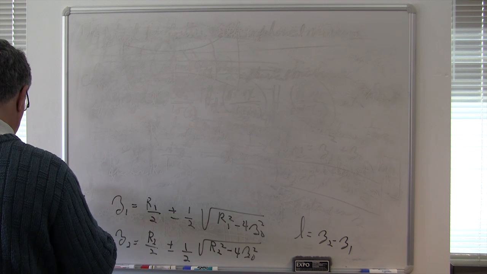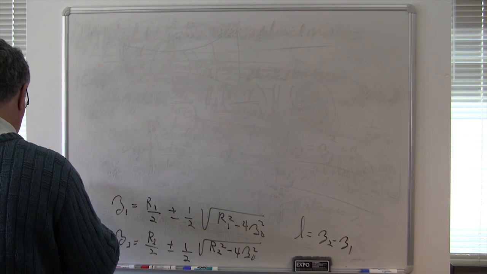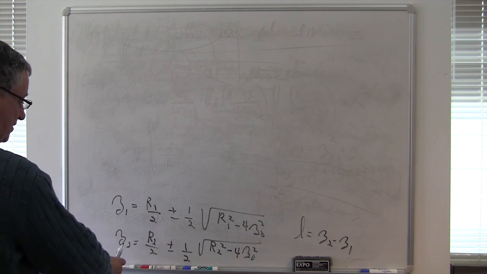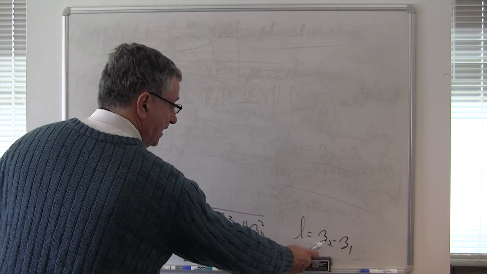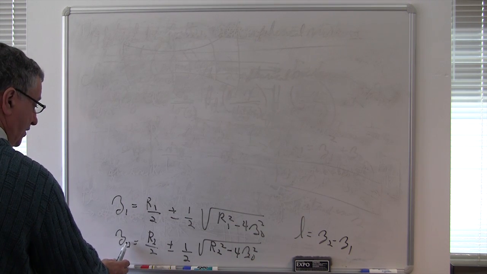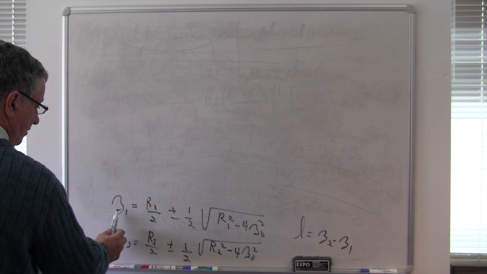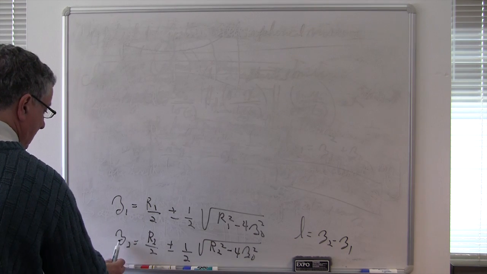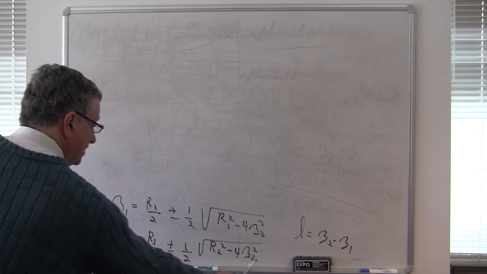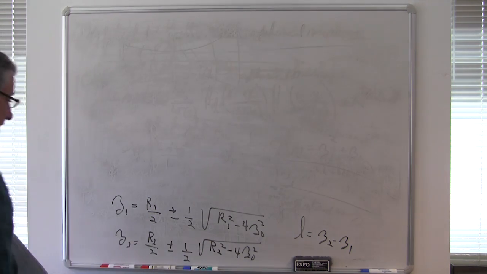So we have this equation here, and we can solve these equations. The way we solve them is, for instance, for Z2 here, we just replace it by L plus Z1. And then we plug Z1 here, so you get L plus this expression is equal to this.